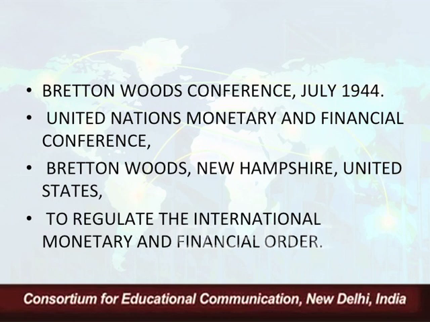It tried to bring the focus of the world leaders towards management and regulation of global monetary and financial aspects. The outcome was what we can study today as the two Bretton Woods institutions, the World Bank and the IMF.